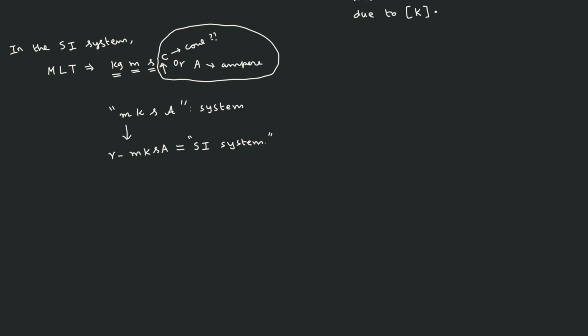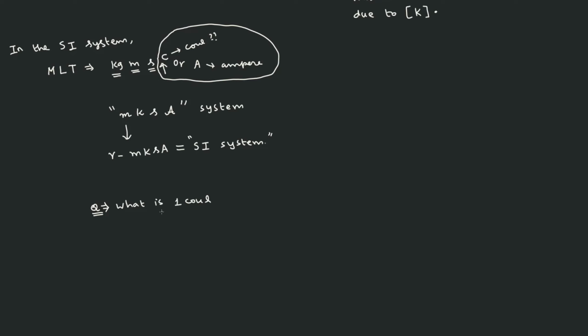So for electromagnetism you need one more additional fundamental unit, and therefore totally you have four fundamental units. This is the first point, and after rationalization you have the SI system. What is the consequence? We are now in a place to ask the question, what is 1 coulomb?